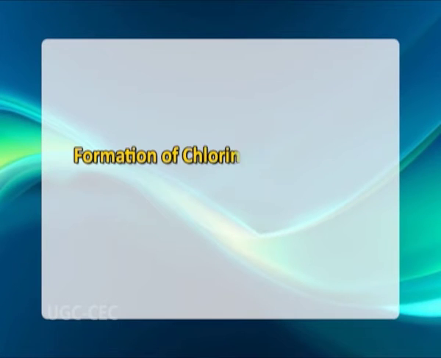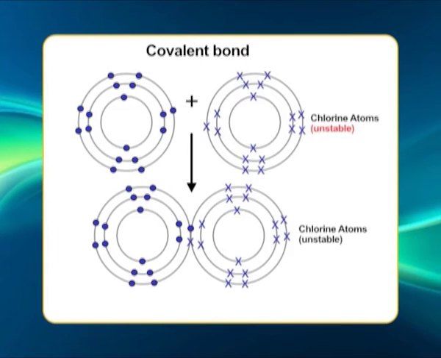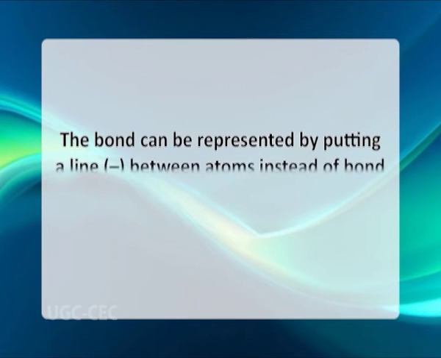For example, let us discuss the formation of the chlorine molecule, that is Cl2. Each chlorine atom with the electronic configuration 2, 8, 7 has 7 electrons in its valence shell and needs one more electron to complete its octet. Both the chlorine atoms contribute 1 electron each to share 2 electrons. The bond can be represented by putting a line between atoms instead of a bond pair.